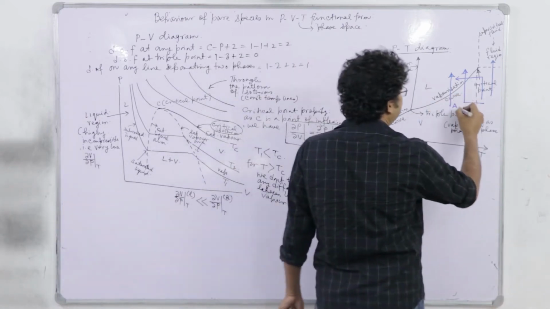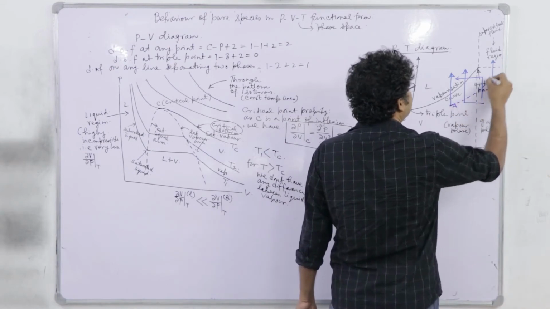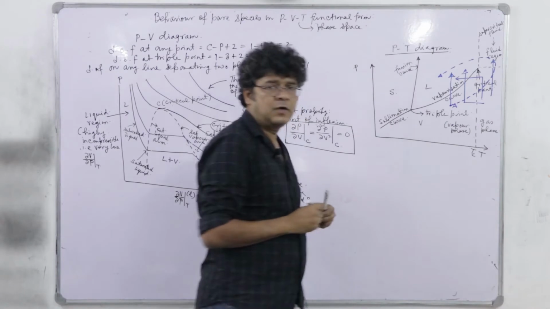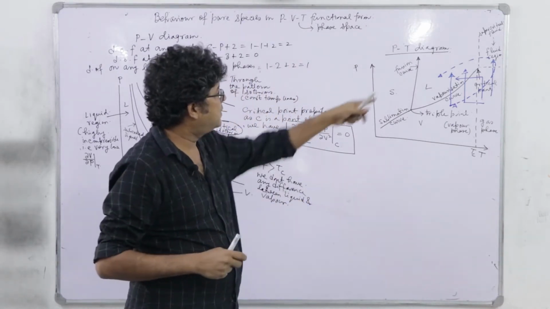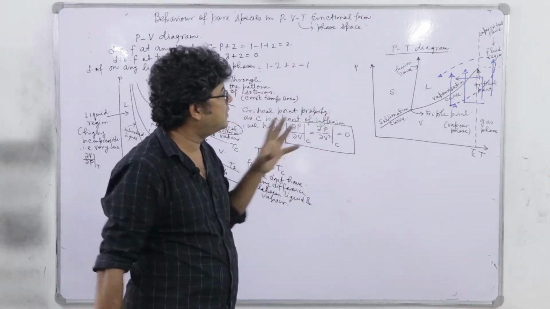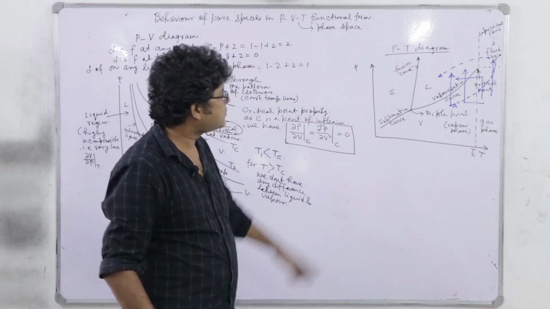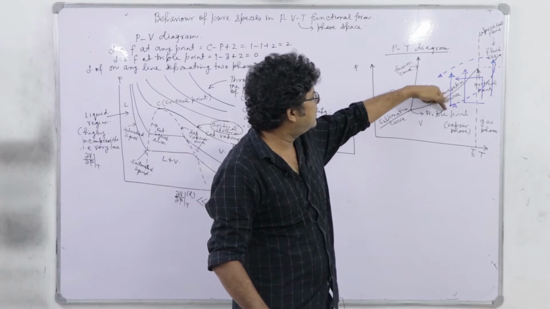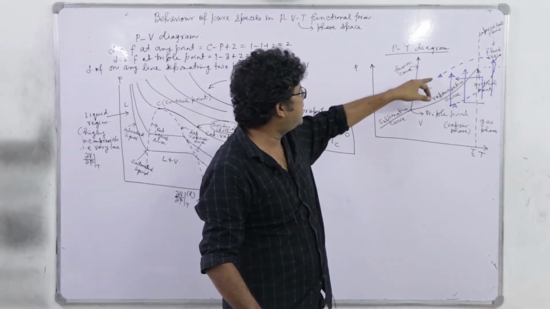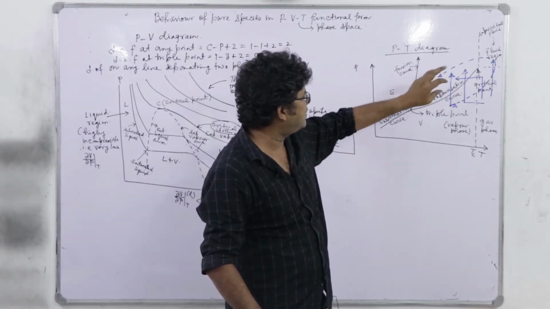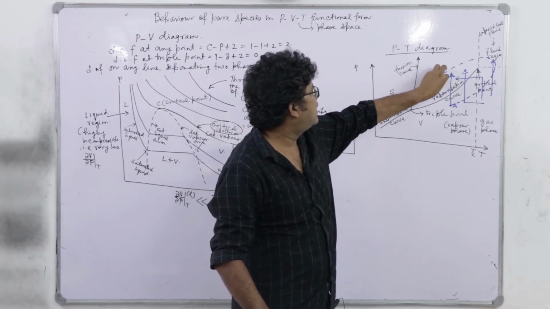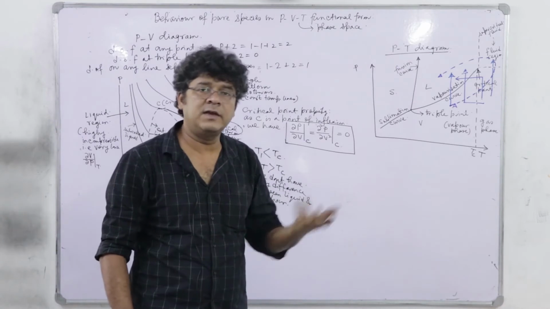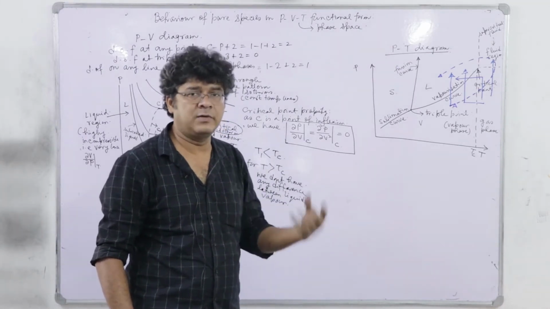However, if we think of a path from A, if I move like this, there is no phase transition because this dotted line is not crossing any phase boundary. But we are moving towards the fluid region from this vapor phase, and from the fluid region again we are reducing the temperature, that means we are cooling it, right, and we will be getting a liquid. So, without any phase change we can transform the vapor phase to liquid phase.